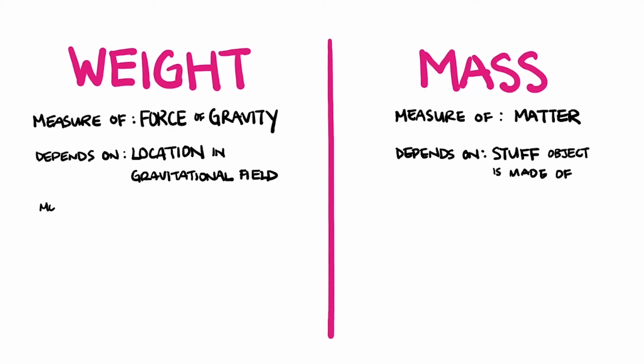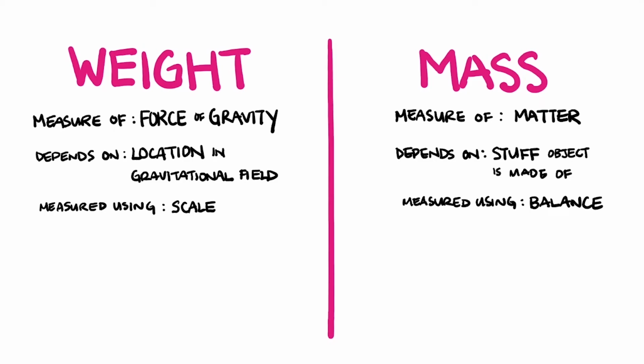Weight is measured using a scale, while mass is measured using a balance. Because they are different, they distinctly have different units. You're most familiar with the use of pounds, not the British currency, but more so, if you weigh yourself on a scale, you'd report your weight in pounds.